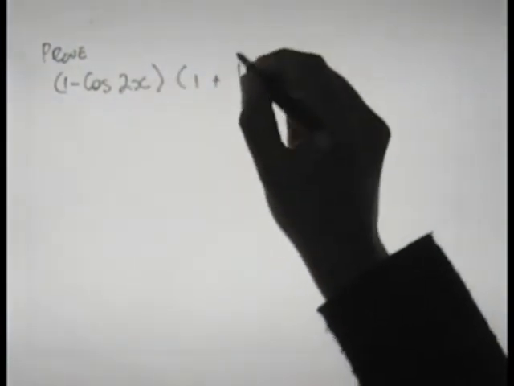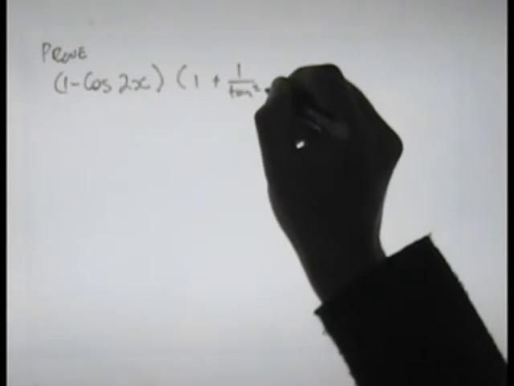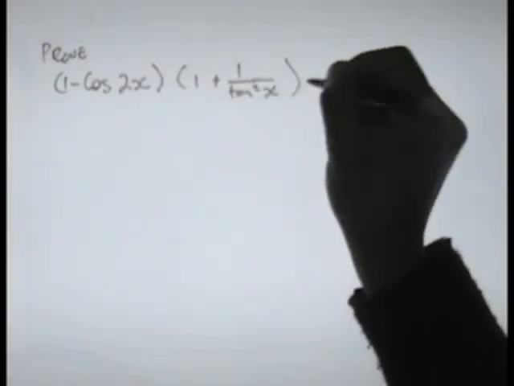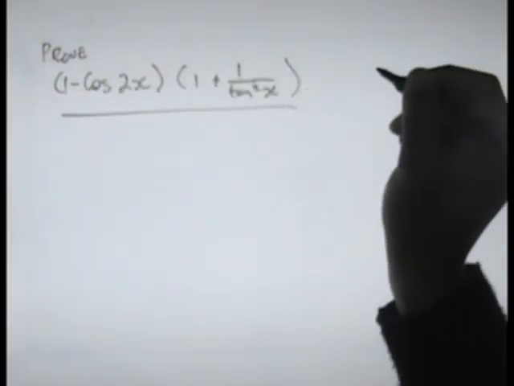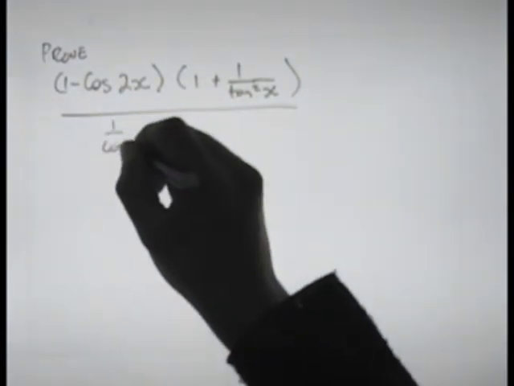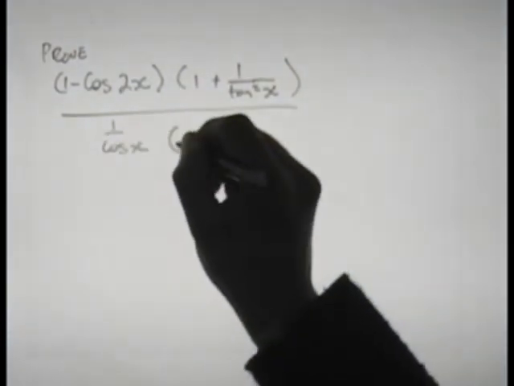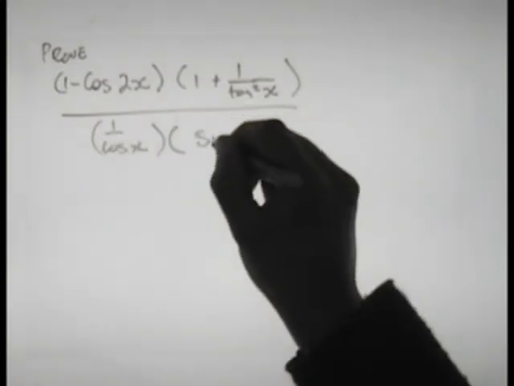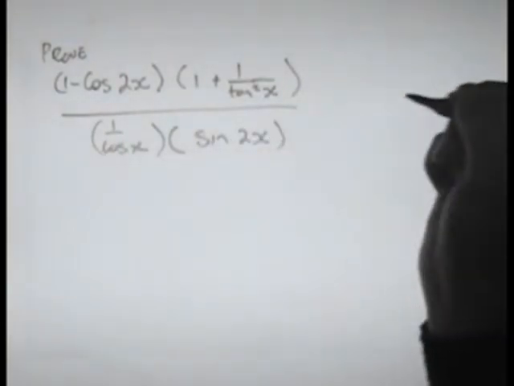The example I'm going to use says prove the following identity, and the identity reads 1 minus cos 2x multiplied by 1 plus 1 over tan squared x, divided by 1 over cos x multiplied by sine of 2x.